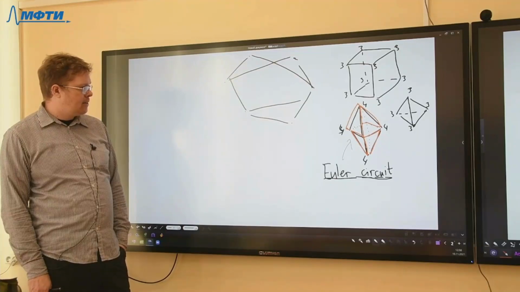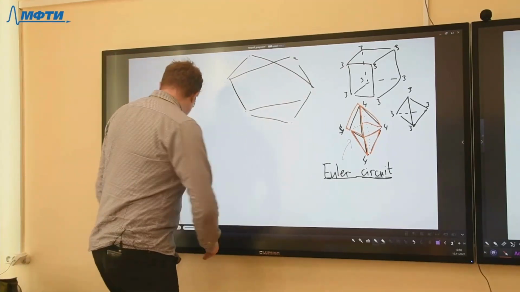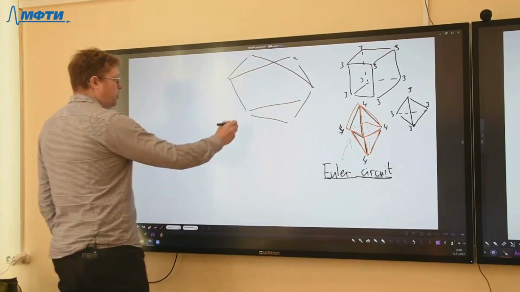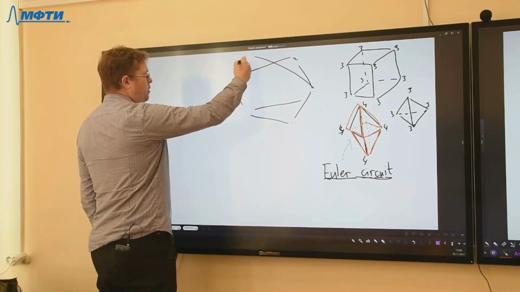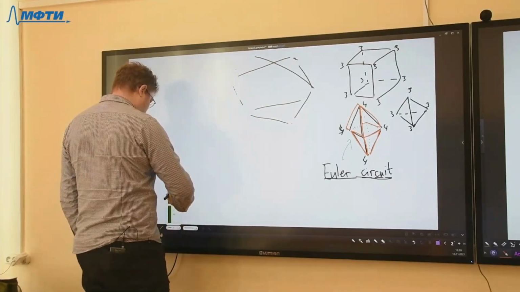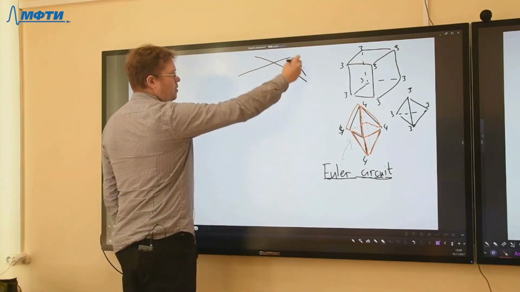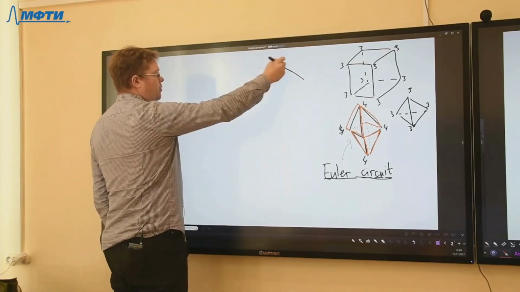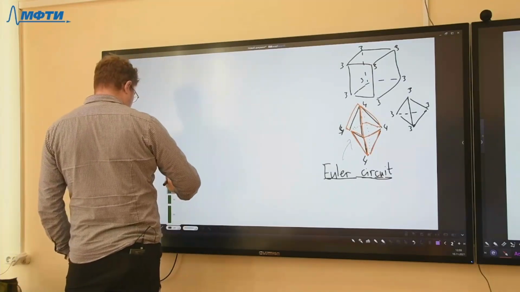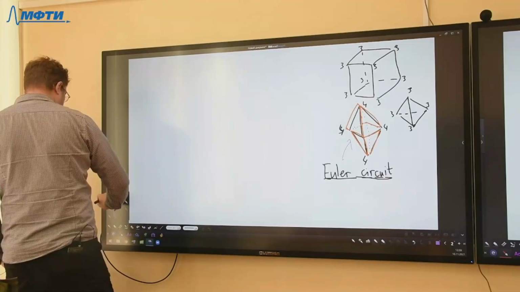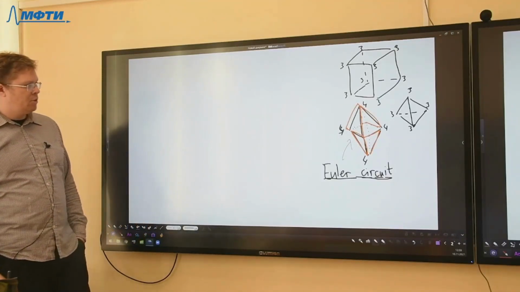In this problem, we have the actual criterion for a graph to be Euler, or to have an Euler path. And the answer is that if we want the graph to be Euler, then we need it to be connected, and we need to have all vertices of even degree.